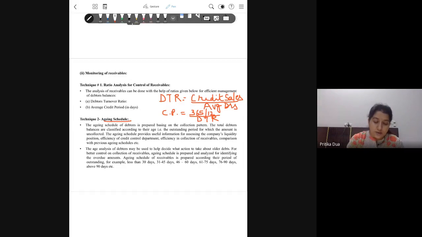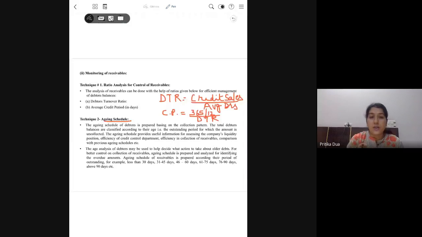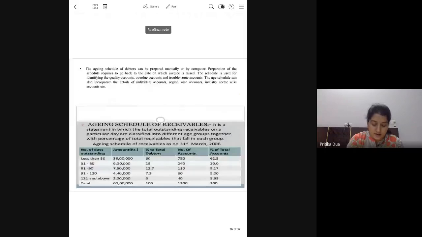So what you do is, you check for every debtor for how long the amount that is due has been outstanding. So you see, this is an example of aging schedule. Number of days outstanding less than 30 for 60% of the debtors, more than 121 days for 5% of the debtors.